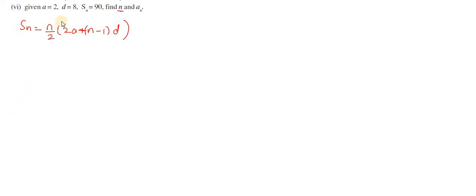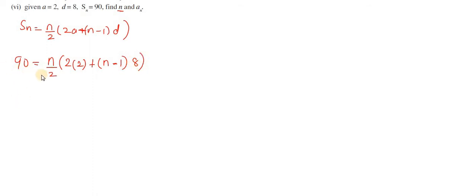Sn is equal to 90, which is equal to n by 2 into a, where a value is 2, plus n minus 1 into d. We don't know what n is, so write n as it is. The d value is 8.